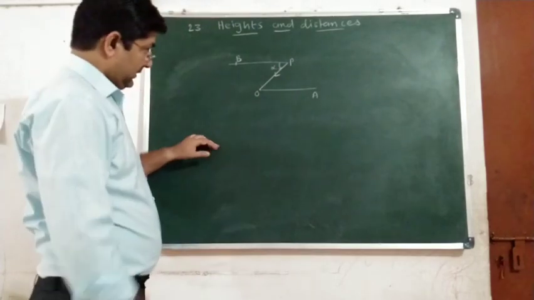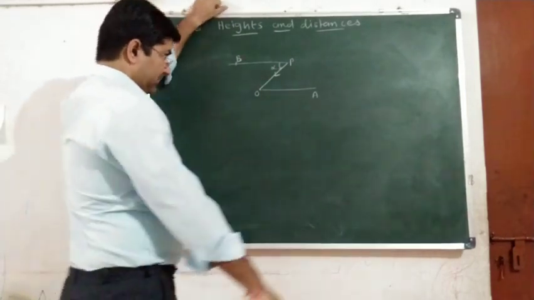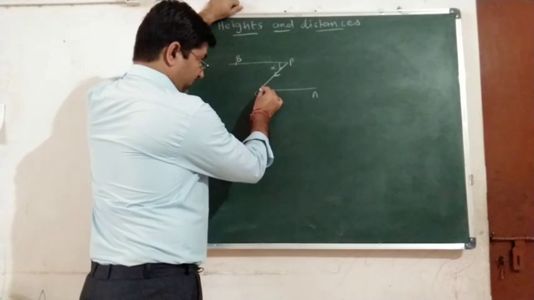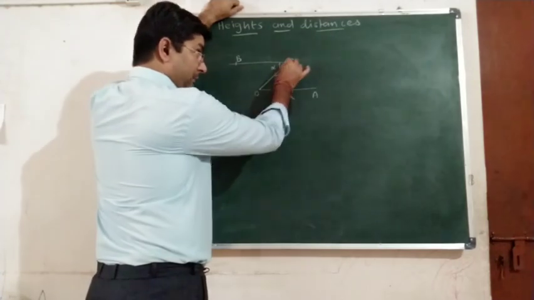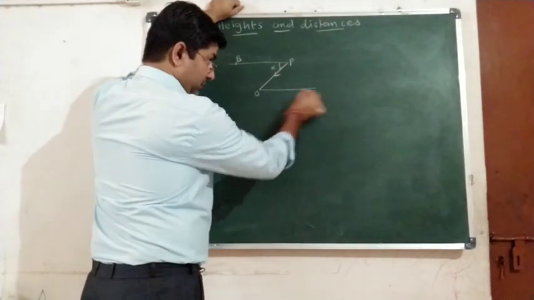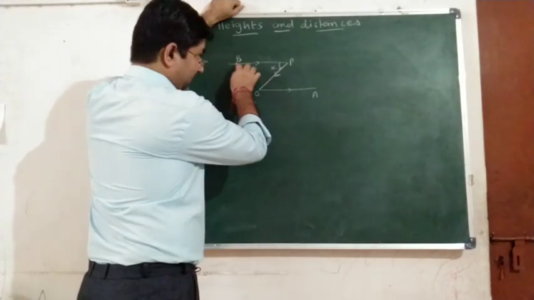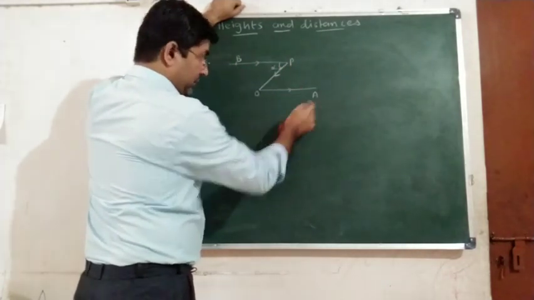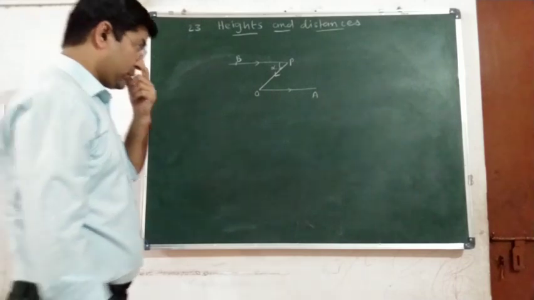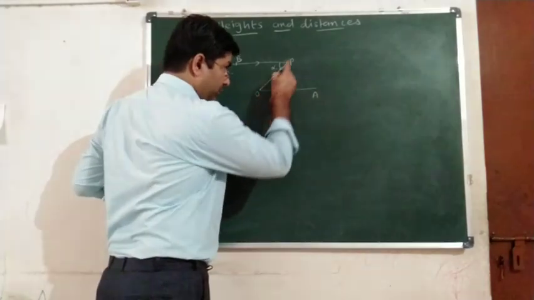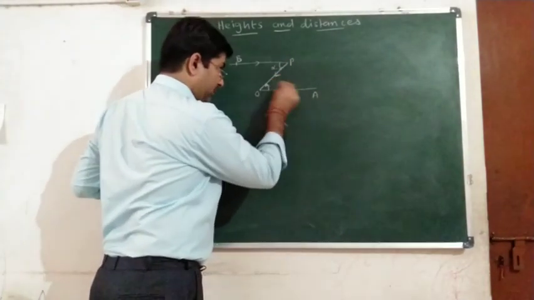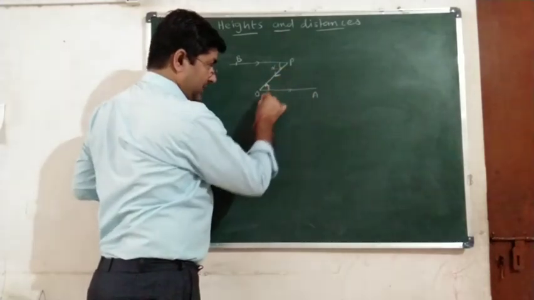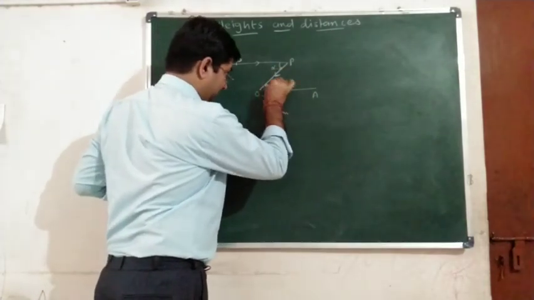And if from point O you are looking at point P, in this case OA is the horizontal. Here lines PB and OA represent the horizontal lines. So when you look from point A to point P, an angle is formed between the horizontal and the line of sight, say it is beta.